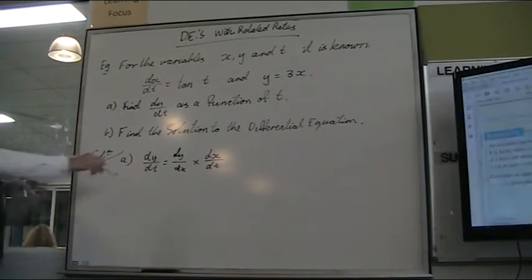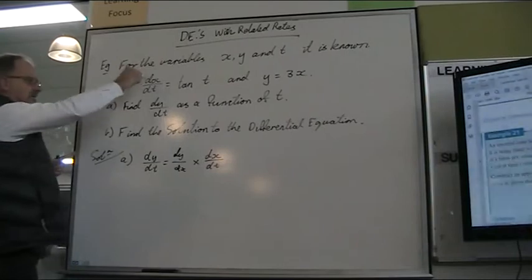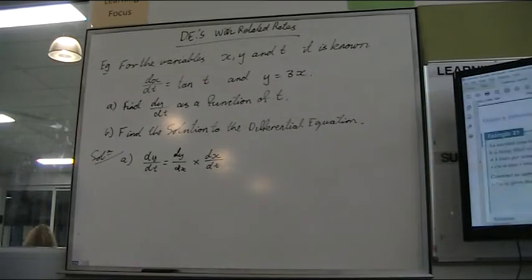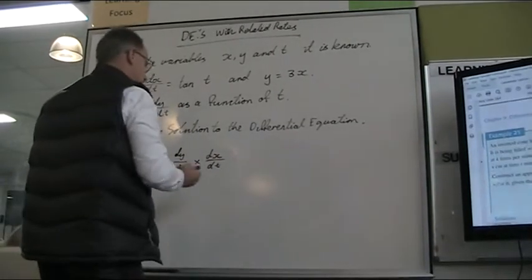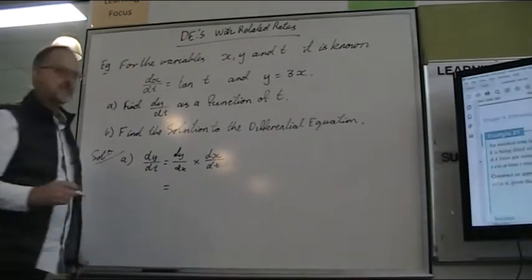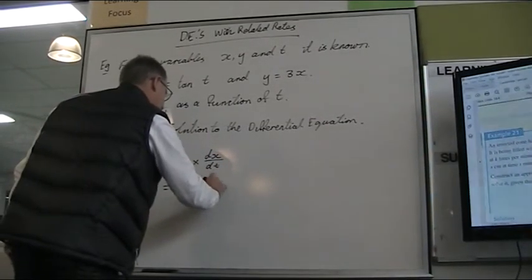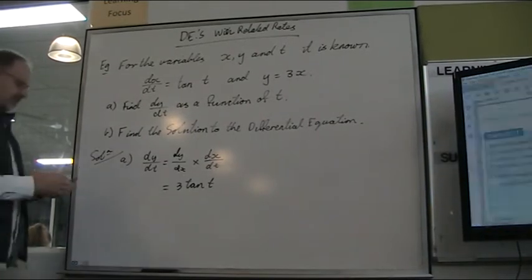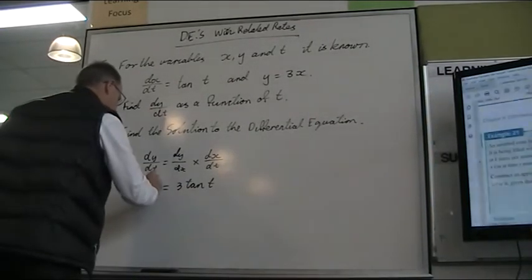Alright, so here's our related rates. We know dx/dt, and we've got something about y in terms of x, so we can find dy/dx. And so dy/dx would simply be just 3, wouldn't it? And so we've got 3 times tan t. It's asking for dy/dt as a function of t. Well, this is dy/dt, and it's got t on the right hand side, so it is a function of t.